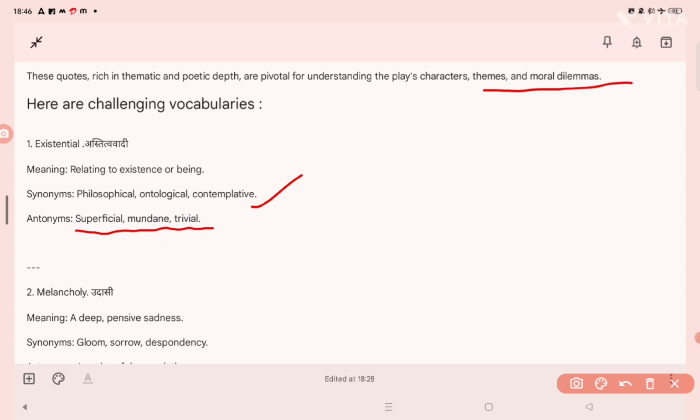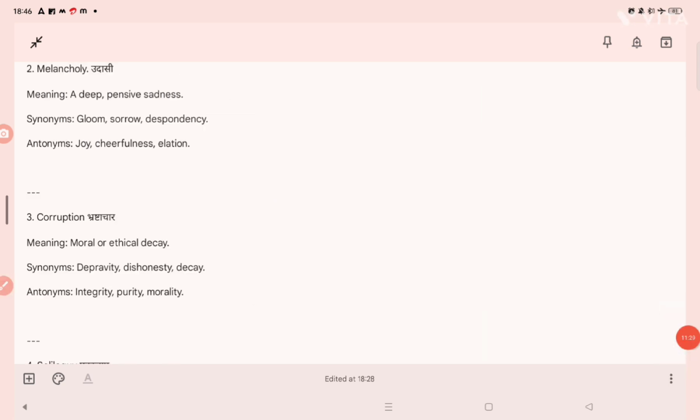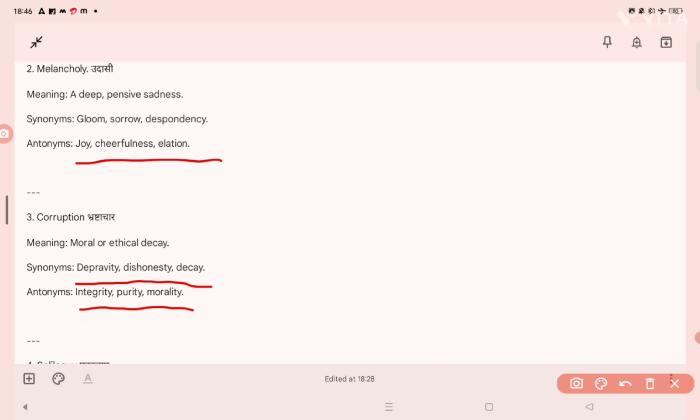Melancholy: gloom, sorrow, despondency; joy, cheerfulness, elation. Corruption: depravity, dishonesty, decay; integrity, purity, morality.